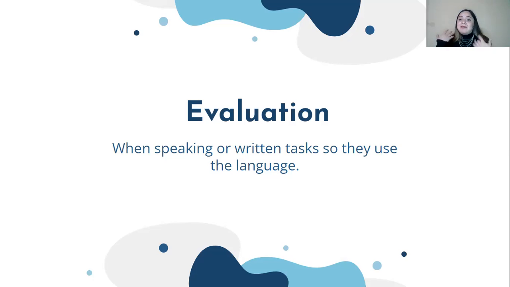Remember that this is our main focus. We want the students to use the language, right? So this can be your evaluation. You can do interviews or oral exams, so you can evaluate how students use the language. And for written tasks, you can ask them to write a paragraph, an essay, a letter. It depends on the topic you are learning at the time.